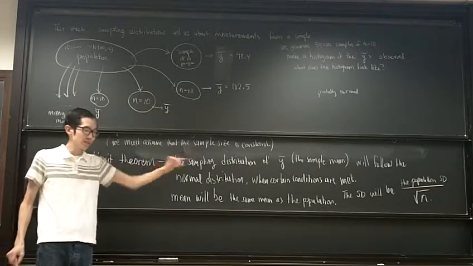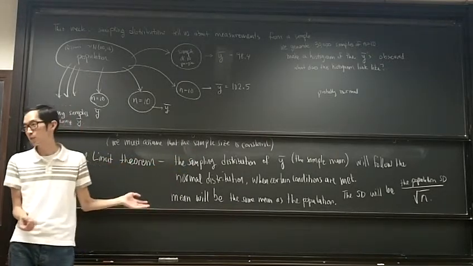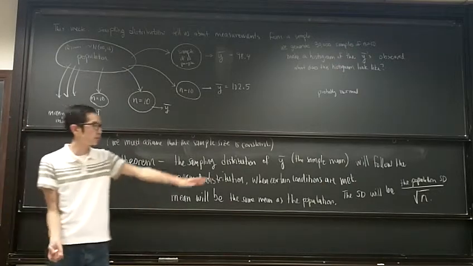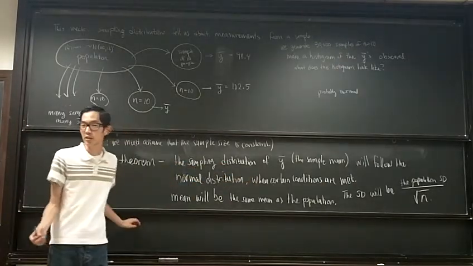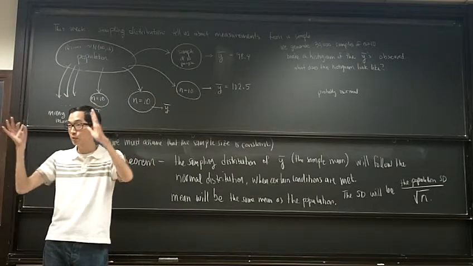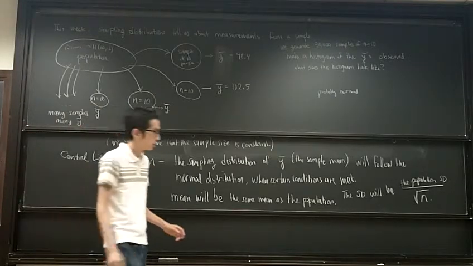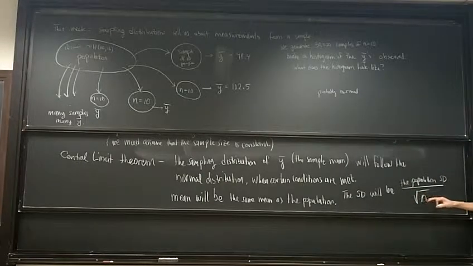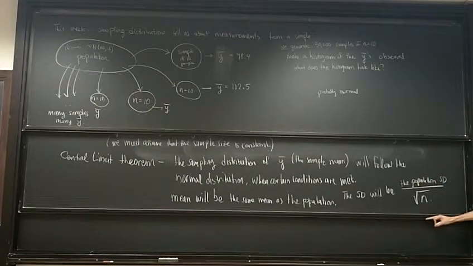And we kind of had some sense that something like this was going on, where we saw that when we increased the size of the sample, made n larger, the standard deviation, or basically the spread, was getting smaller, okay? And that's reflected in here. The standard deviation is the population standard deviation divided by the square root of n. So when we took larger samples, this square root of n number got larger, and since it is in the denominator, the standard deviation would shrink.